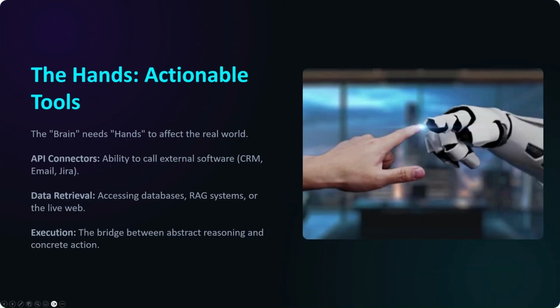Next, we have the tools or the hands of the agent. The brain needs hands to affect the real world. Without them, a model is confined to its training data. Tools connect the agent's reasoning to the outside world.